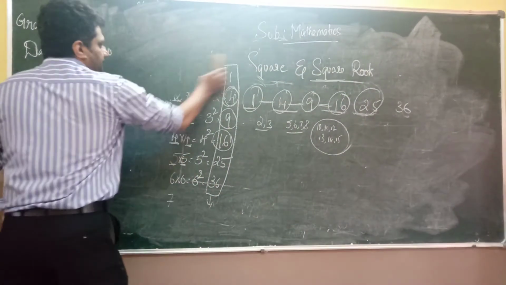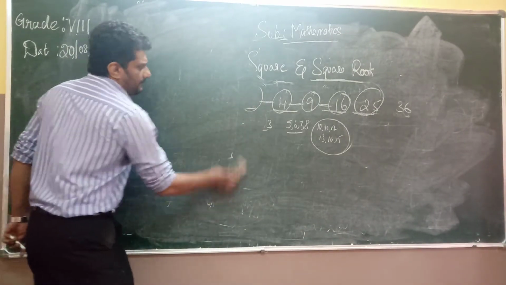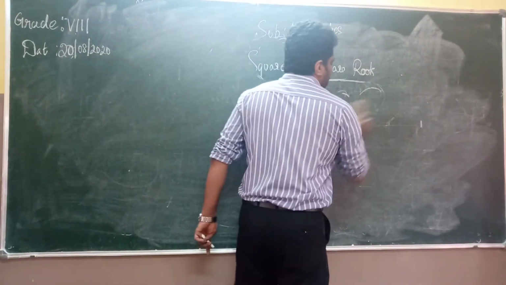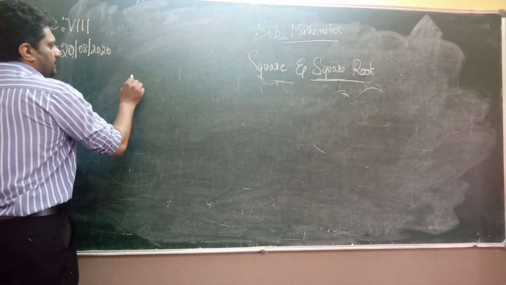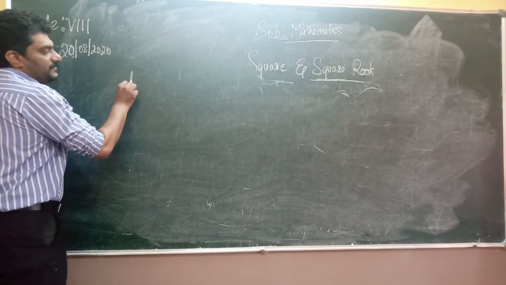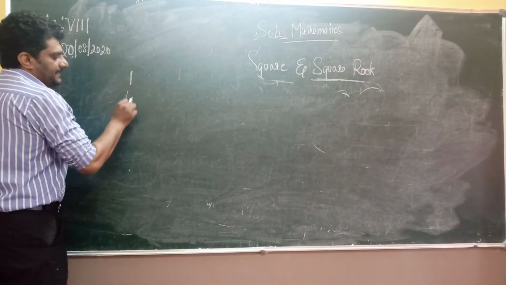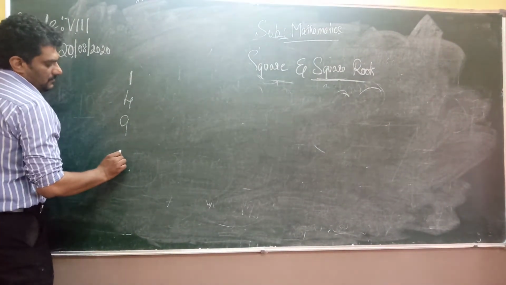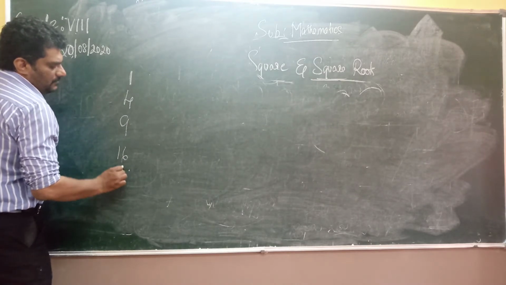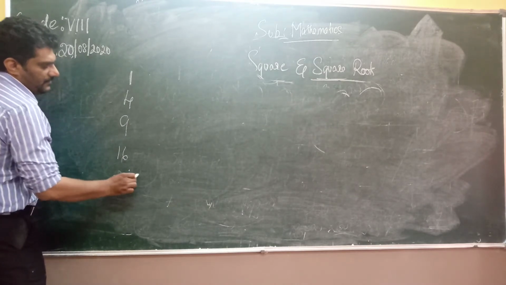Now, if you look at the pattern of the square numbers, this is the first square number, second, third, fourth, fifth.